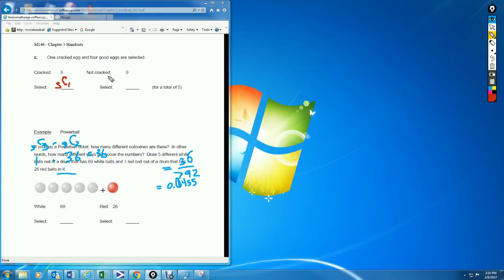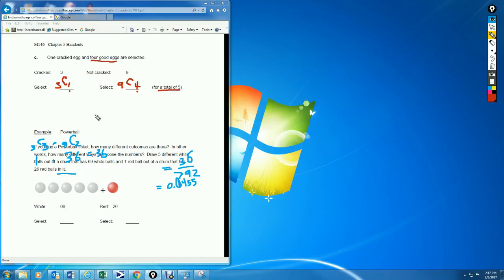And then not cracked eggs, so in other words, I want to choose 4 good eggs. So out of the 9, I want to choose 4. Okay, so again, I want to choose 1 cracked one, 4 not cracked, for a total of 5.